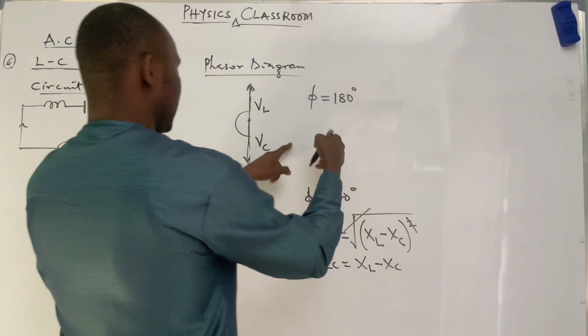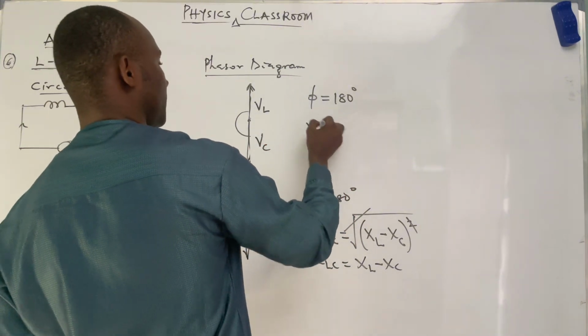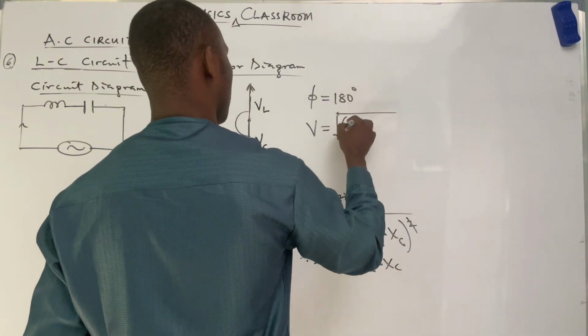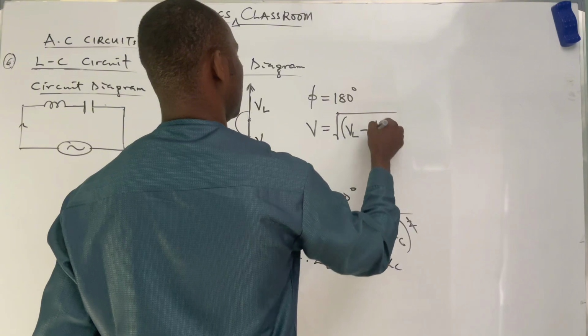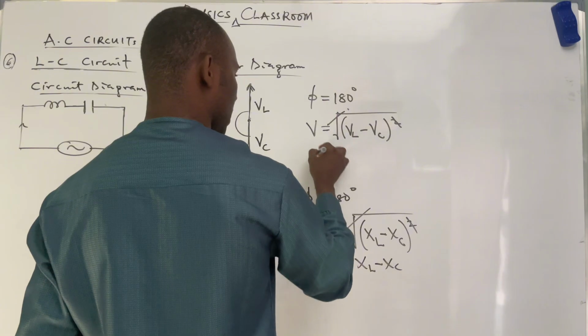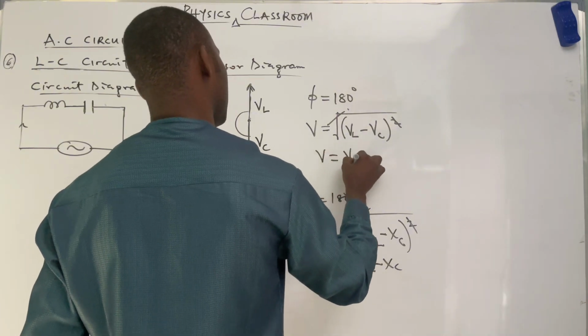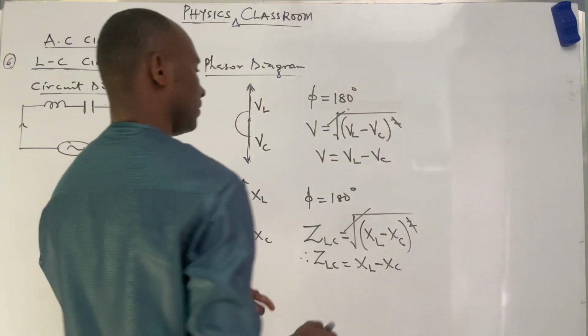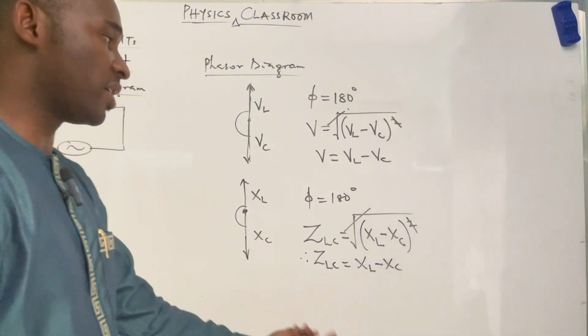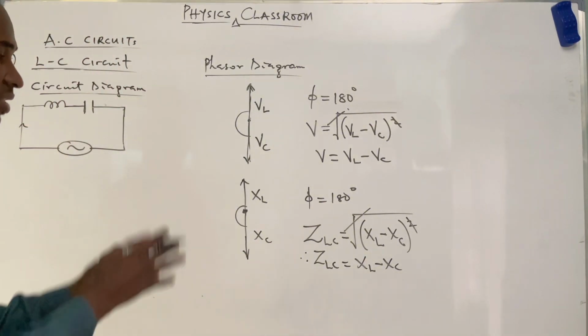Take note of this. In terms of V, we can now say our V is equal to root of VL minus VC all squared, so that when the square cancels the square root as well, our V will be equal to VL minus VC. So we choose the one to use depending on the questions and the parameters given. Take note of this.